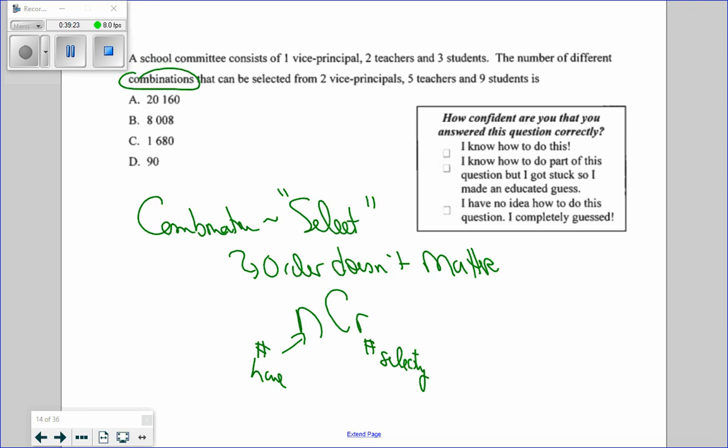So this committee is selected from 2 vice principals and 5 teachers and 9 students. So you're going to have the vice principals and the teachers and the students. How many vice principals do you have to pick from? 2, and you want 1.